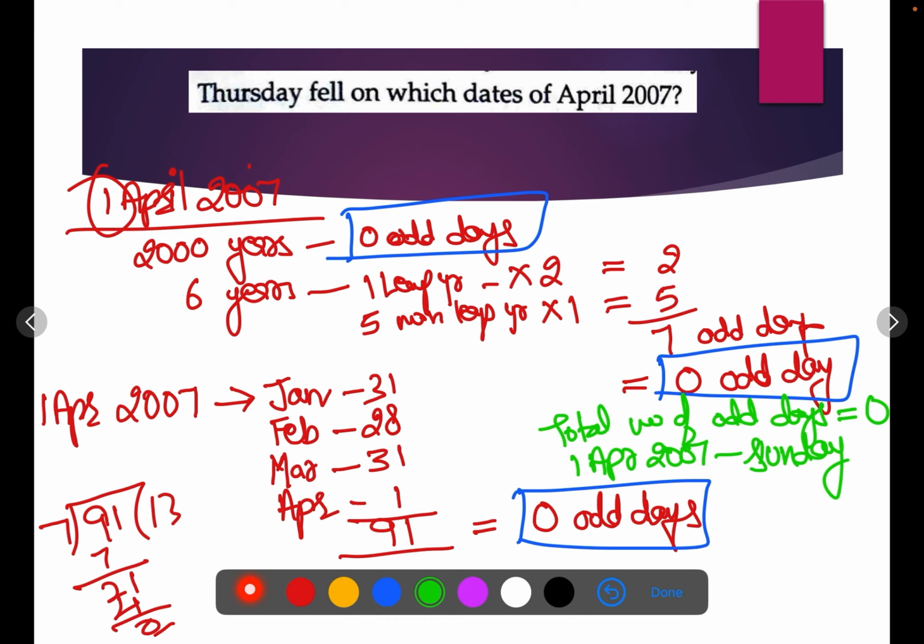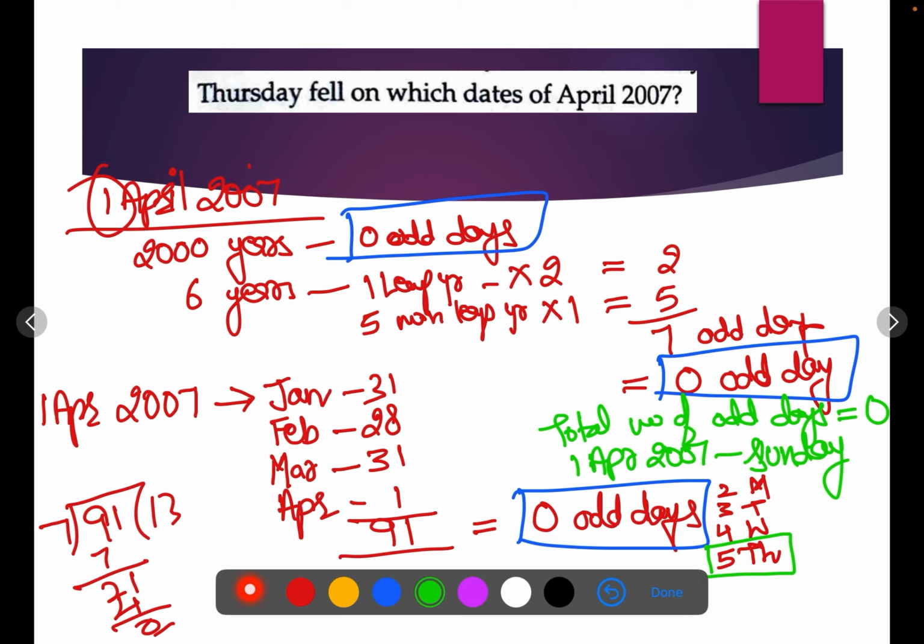If 1st is Sunday, then 2nd Monday, 3rd Tuesday, 4th Wednesday, 5th Thursday. What I have got is the 5th is the first Thursday.